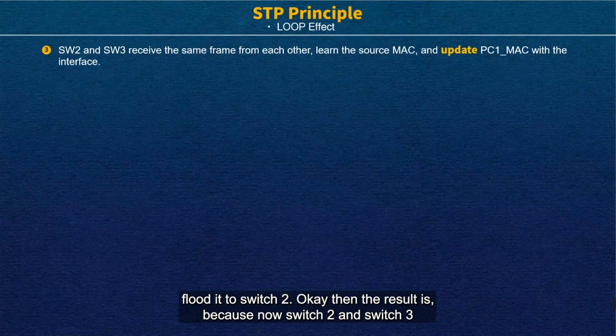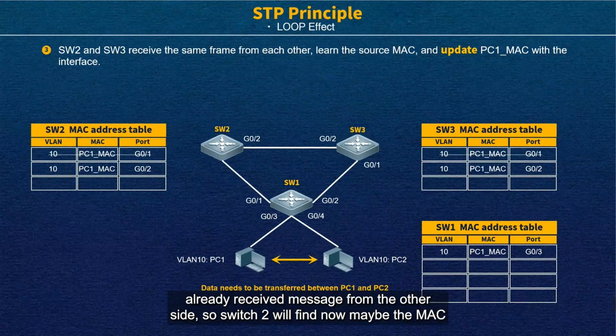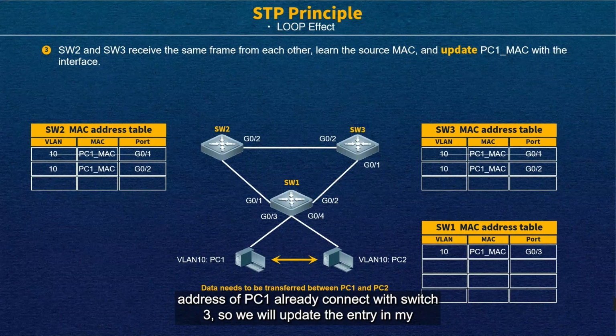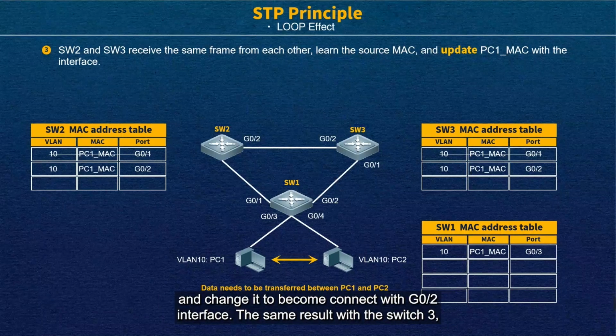Okay, then the result is because now switch 2 and switch 3 already received the message from the other side. So switch 2 will find that the MAC address of PC1 is now connected with switch 3. So we will update the entry of my MAC address table. I will delete the PC1 MAC address connected with the first interface, and change it to be connected with the second interface.